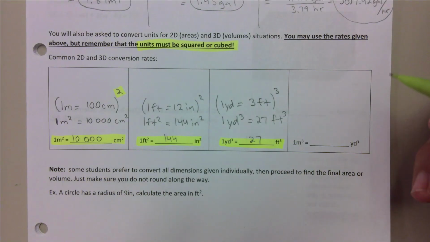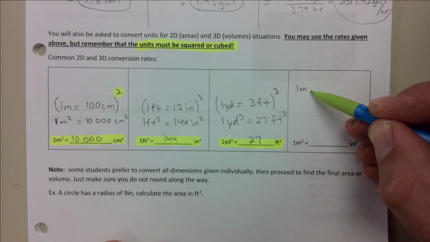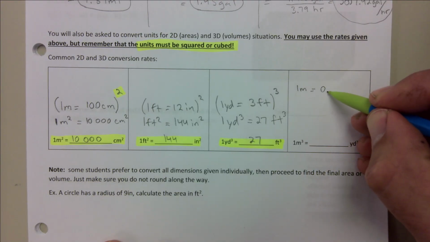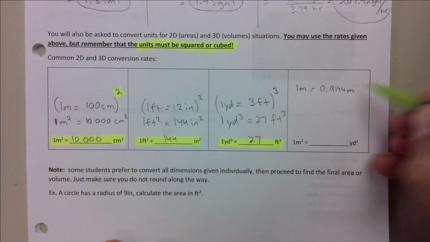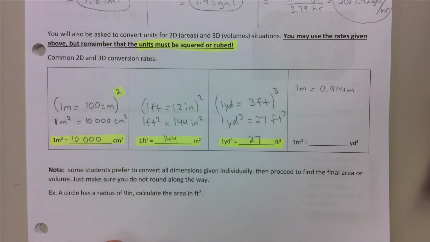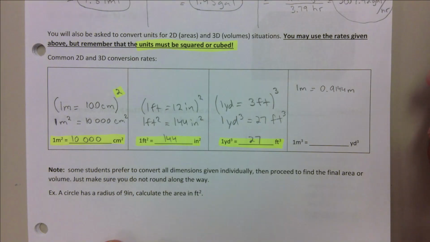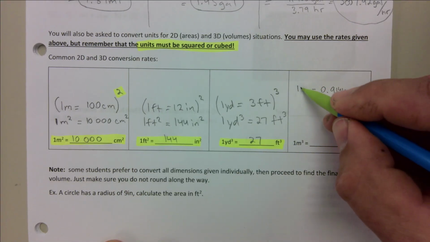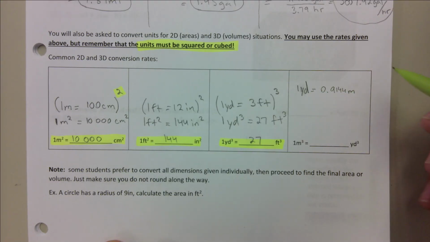And the last one here, we know that 1 meter, where's meter and cubic yards? Oh, it's right up there. One meter has this many, sorry, I mixed it up, didn't I? What did I get wrong there? Oh yeah, this is supposed to be yards, my bad. 1 yard has 0.9144.